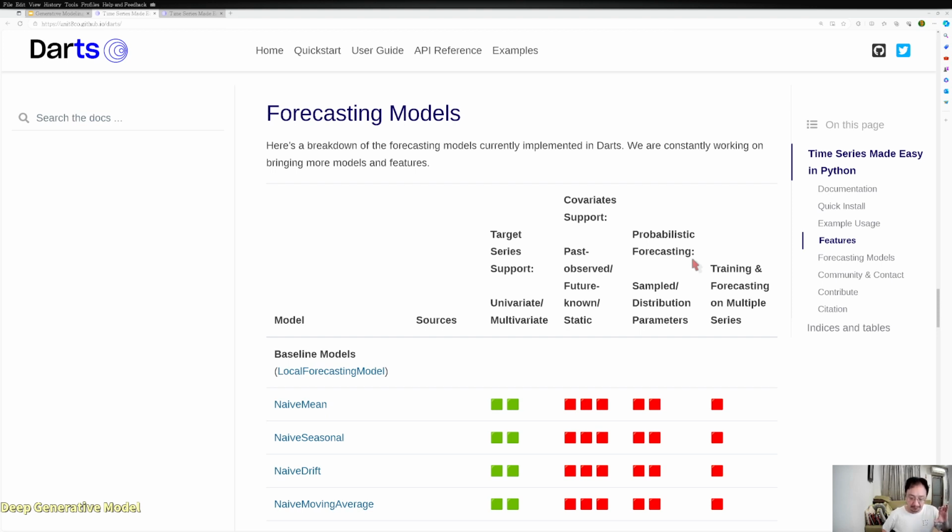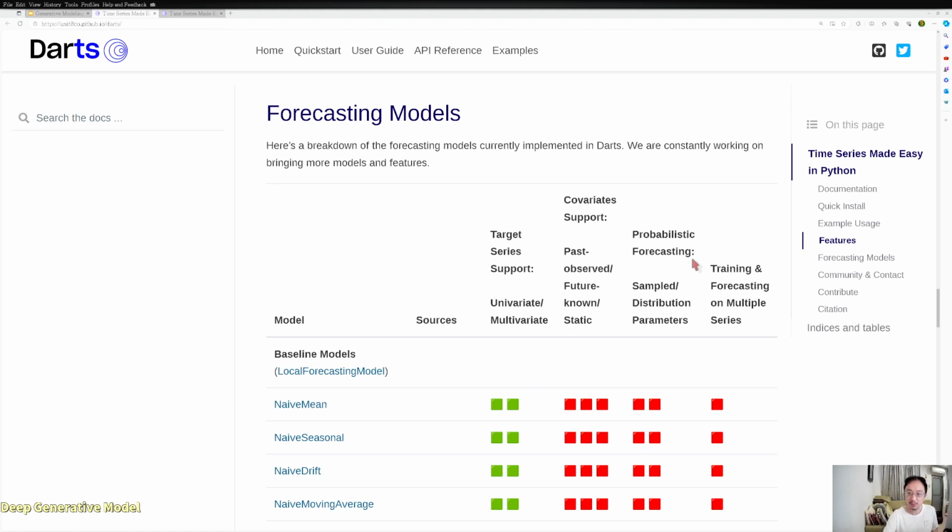Although it loses the capability to estimate the risk, the variance, or the confidence of the prediction, in exchange your model is easier and the loss is much simpler and more stable. It's just a simple mean square error. So by giving up the benefit of risk estimation, you make these models easier to converge.